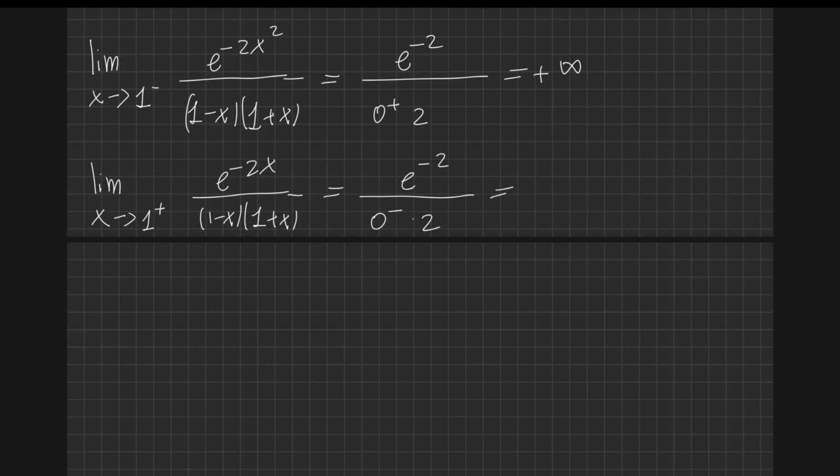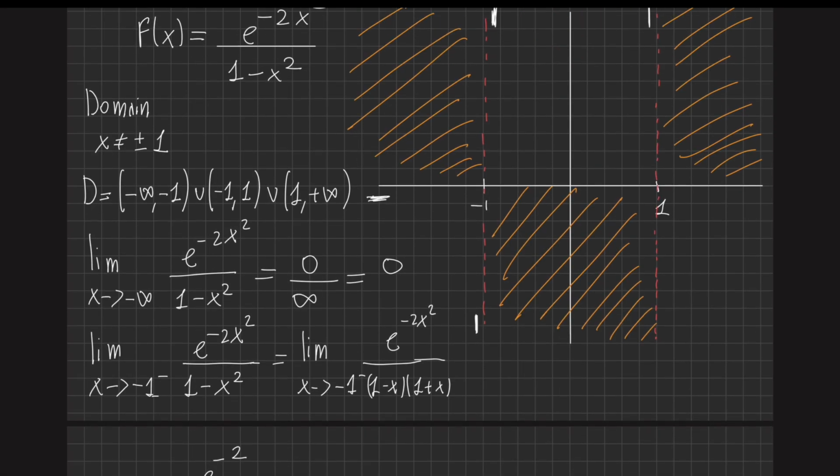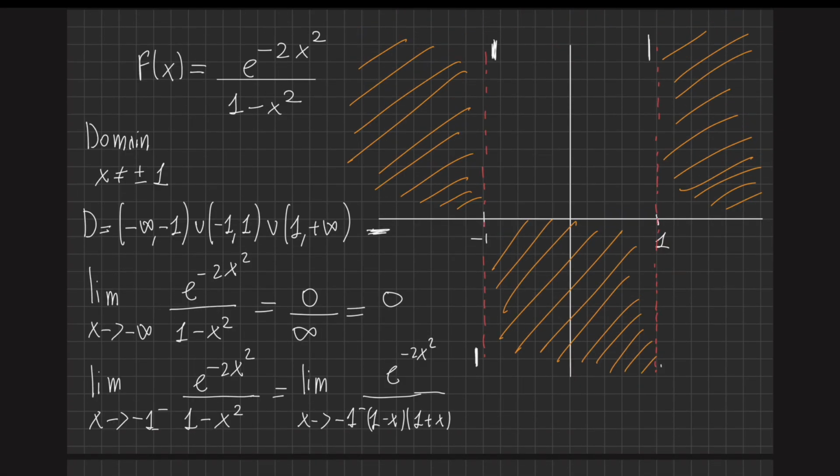And well, we're going to get infinity because we are dividing by 0, but now this number is positive, 2 is positive, but 0 minus is negative, so we are approaching negative infinity. And we report this to the graph we have up here. We see that we are approaching negative infinity on this side.